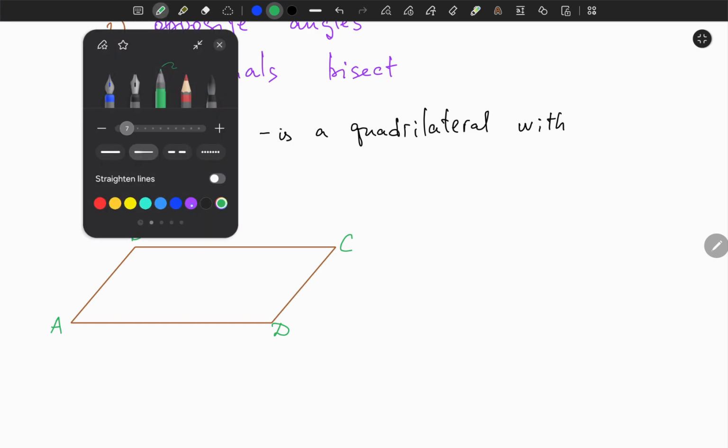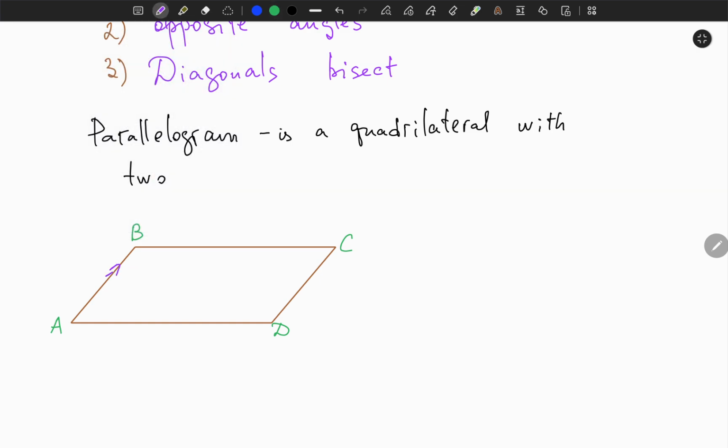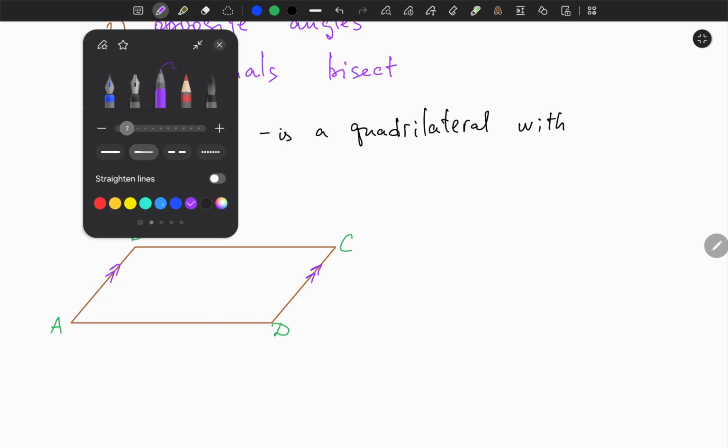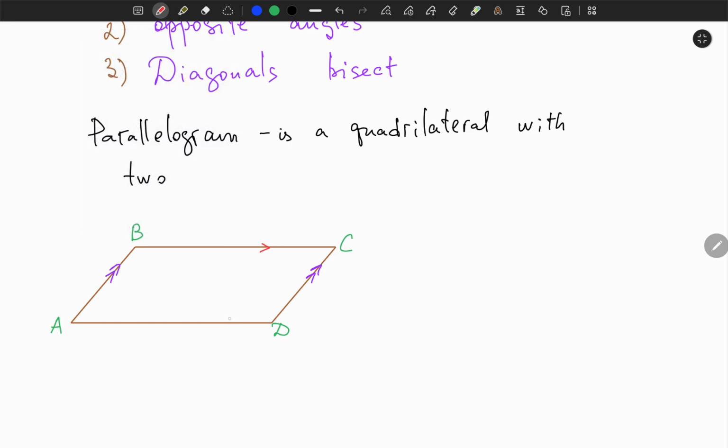We have one pair of parallel sides, and the other pair is also parallel. This is also parallel to this. So two pairs of parallel and congruent sides.